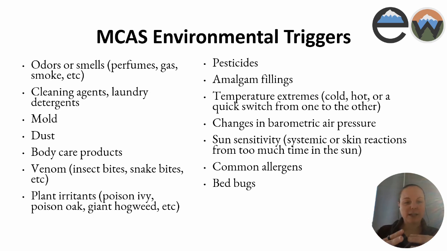These are just some of those, and it can be a world of other things for individuals. But just for people to understand, especially if you're listening to this and maybe you don't have the condition, but maybe you're a provider that hosts individuals with this condition, or you're a family member, it's nice to understand what might be helpful to have in your house or get rid of in your house to make that person's immune system a little bit more comfortable, right?